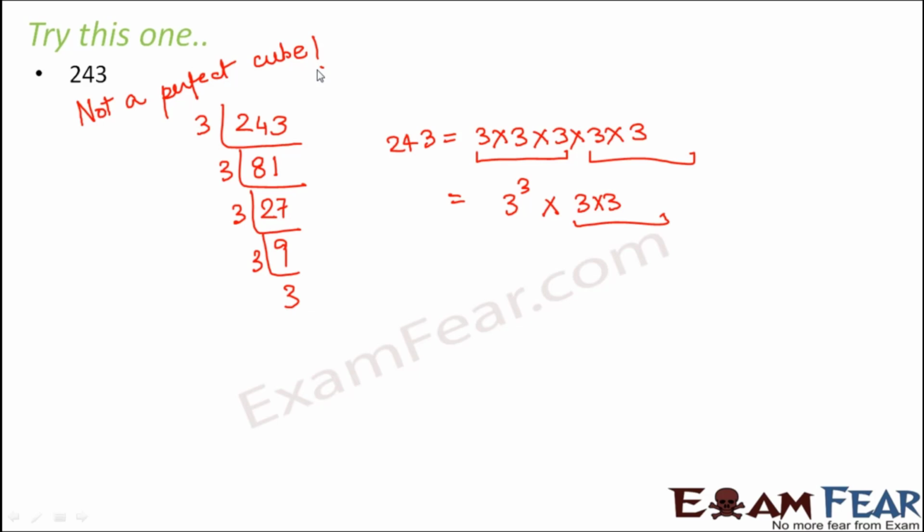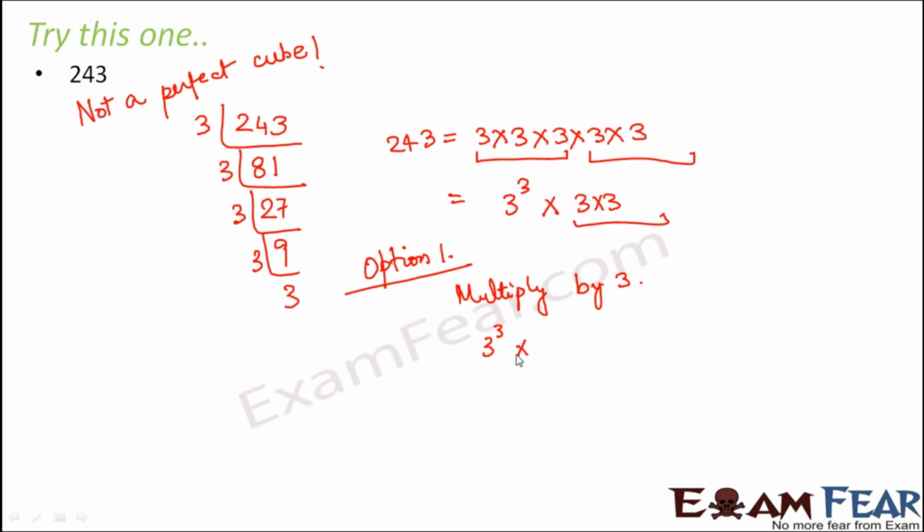Now can you think of any way by which you can convert this number to its nearest perfect cube? Now in order to make this number a perfect cube, you either need to multiply it by 3. So option 1 is you multiply the number by 3. So if you multiply by 3, what would happen?